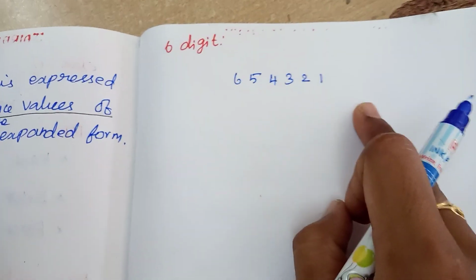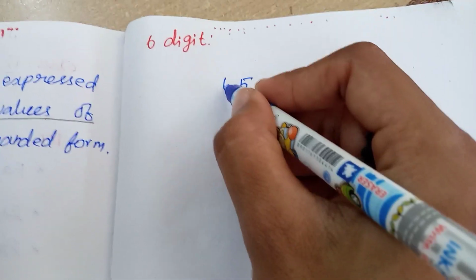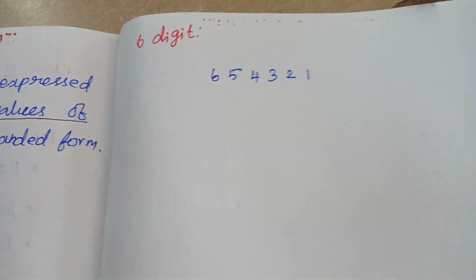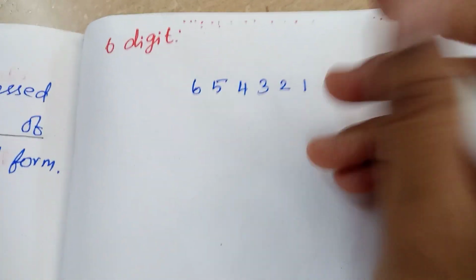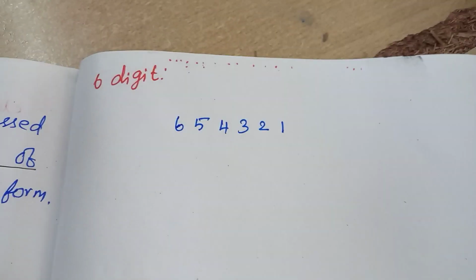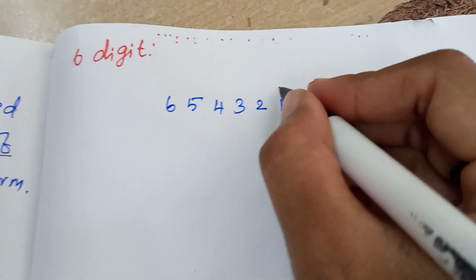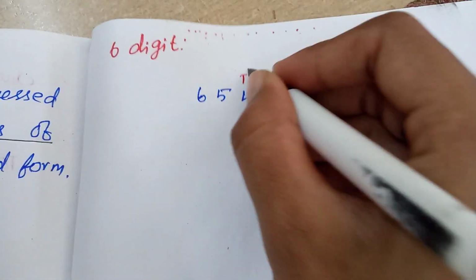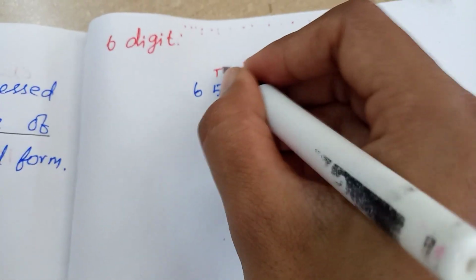Okay, this is the example for a 6-digit number. So what is the first step? I already told you, no? Whenever you see any number you should write the places. Use caps only, don't use small letters. Ones, tens, 100, 1,000, 10,000, and the last one is lakh.